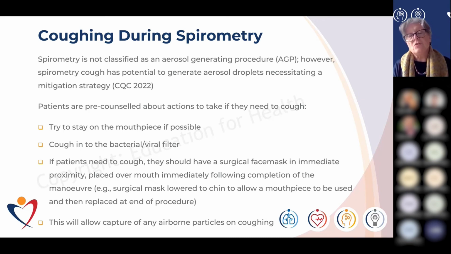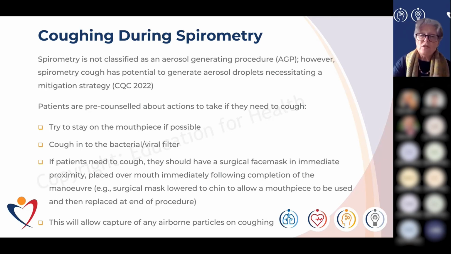They also talk in the document about considering, if you know patients are going to cough and you want to mitigate the risks to you and anyone else who comes into the room and colleagues as well, one of the things that you might want to consider is doing just 1 to 2 seconds of the forced blow, because it's normally later than 2 seconds that the patient starts to cough.